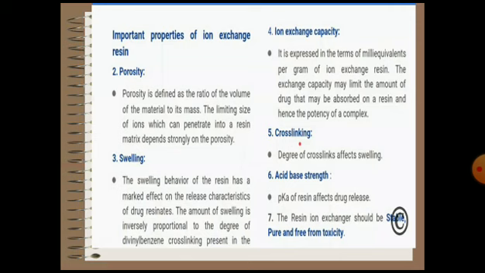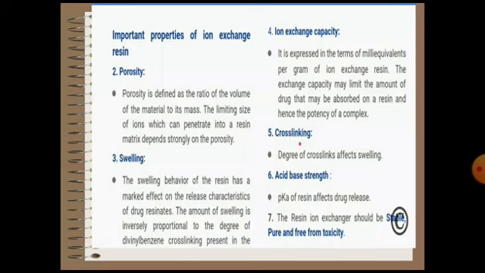Then whatever drug particle is there will start to diffuse out. So before we make the beads, we have to get to know the swelling index properly. You just have to write: the amount of swelling is inversely proportional to the degree of divinyl benzene cross linking.